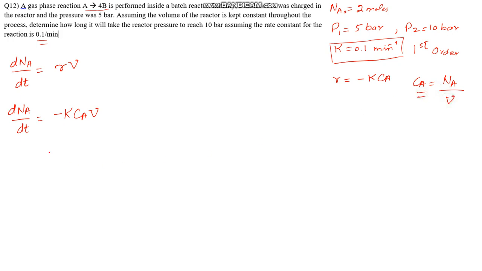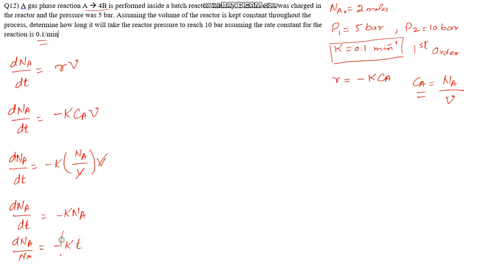Just paste the value of Ca in here, so dNA by dt is equal to minus K, Na by V, multiplied by V. Volume will be cancelled out and we will be left with dNA by dt is equal to minus K Na.